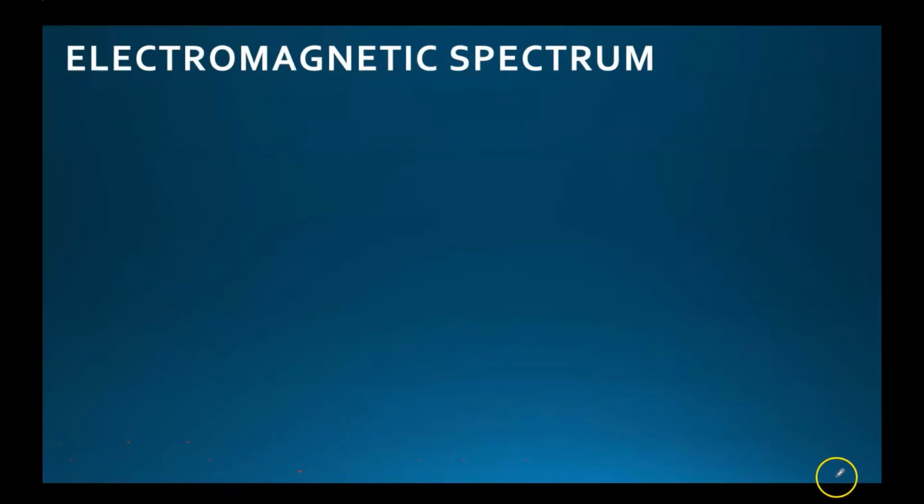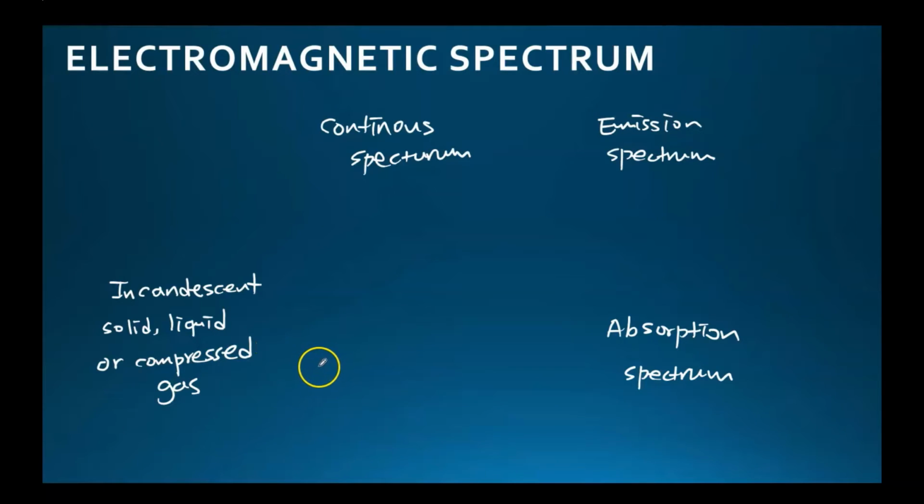So let's talk about the electromagnetic spectrum. We need to learn 3 different types of spectrum in this topic, and this spectrum originates from any incandescent solid, liquid, or compressed gas, and we call this a black body.